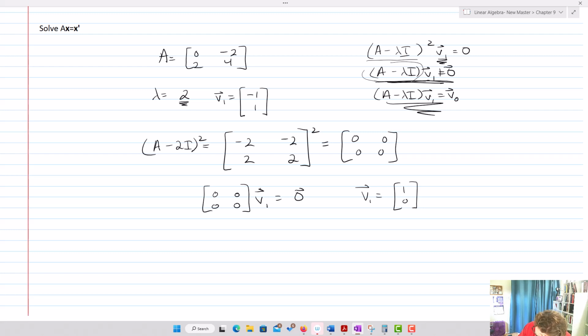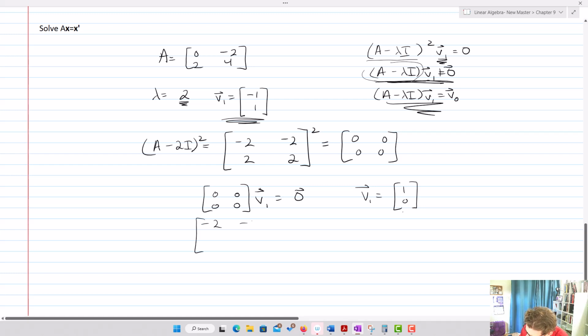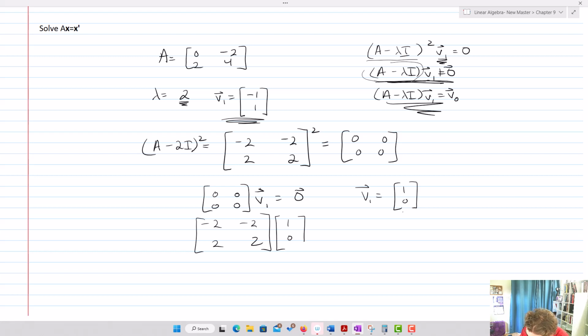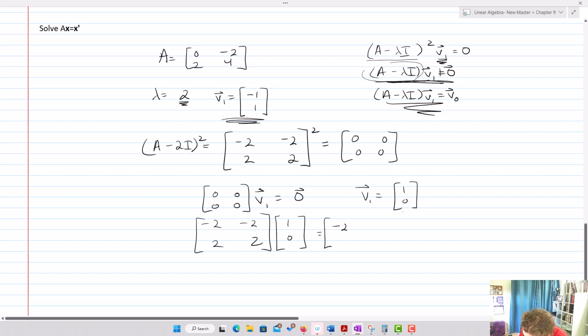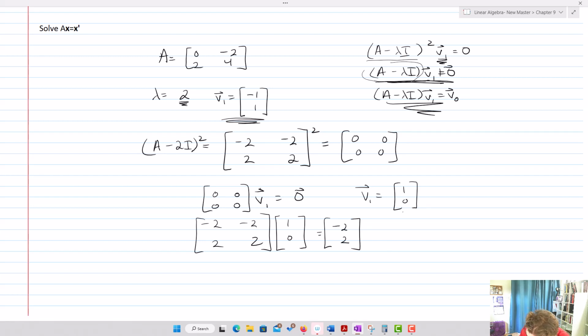And so that means v₁ cannot be equal to (-1, 1), which it's not. If you need to check, you can see that [[-2, -2], [2, 2]] times (1, 0) is just going to give me (-2, 2). Done.